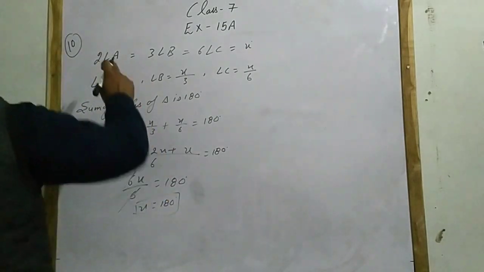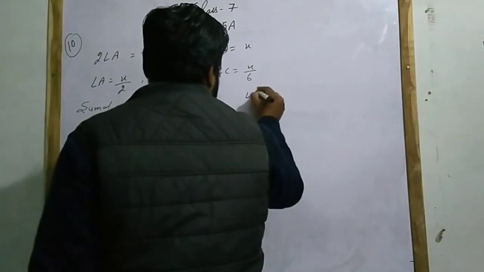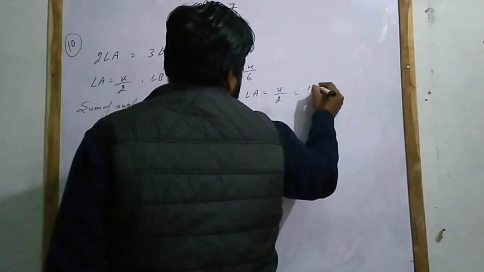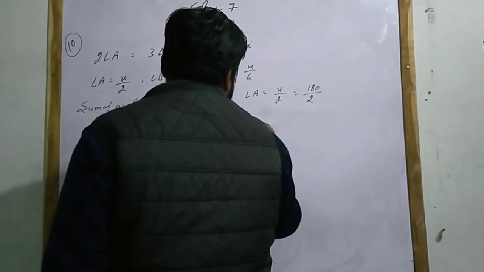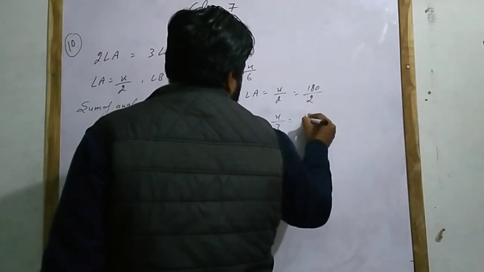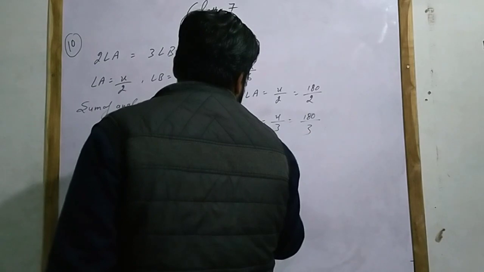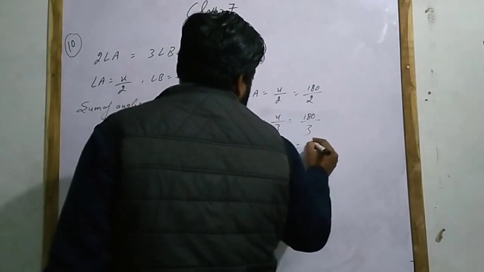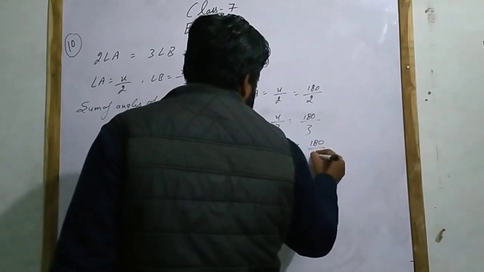Now the angles are angle A equals to x upon 2 and x is your 180 upon 2. Angle B, x upon 3 and x is your 180 upon 3. Same angle C, x upon 6 equals to 180 upon 6.